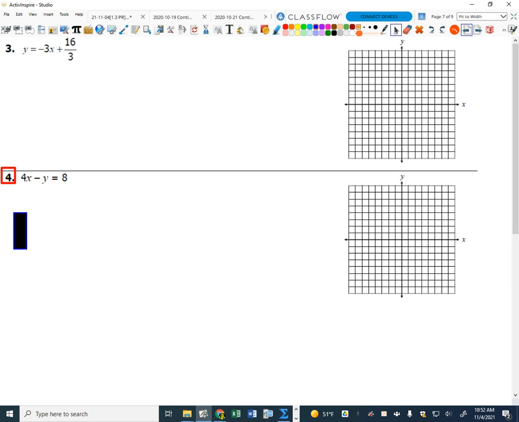You mean the Y-intercept, you mean, right? No, the X-intercept is what I get when I cover up the Y and solve for X, right? The Y-intercept is what I get when I cover up the X and solve for Y.